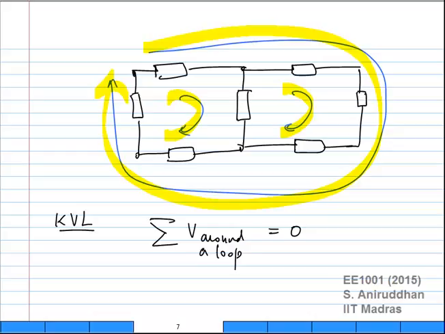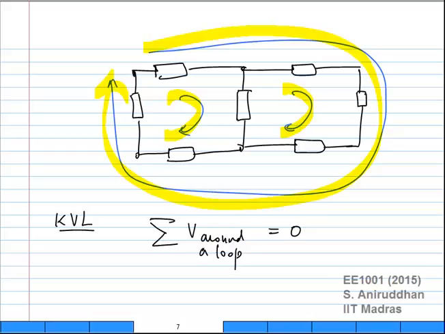So what does Kirchhoff's voltage law tell you? As we saw last time, the potential difference between two points is defined independent of other points in the circuit. What that means is, if I start from node 1 and come back to node 1, the potential difference has to be 0.